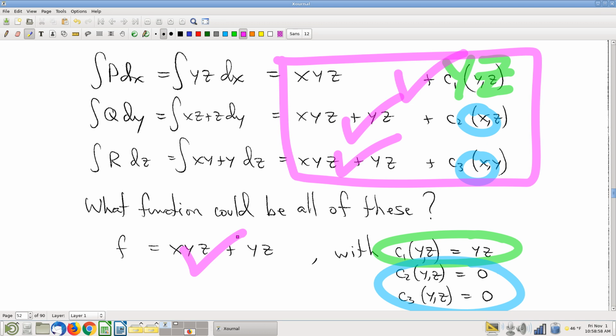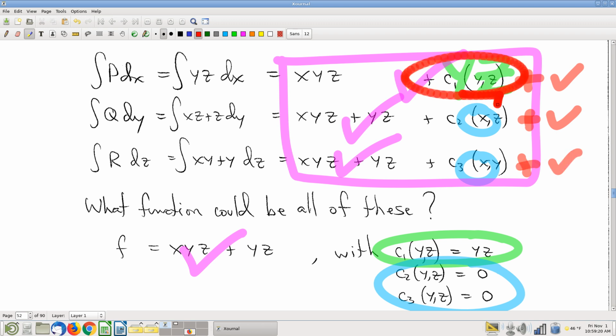Yeah. So there will be multiple possibilities of the expression of that. Well, yes, they will differ by just constants, right? So the difference is, if you wanted to make all three of these things equal to a different same thing, you'd have to add the same thing to all three of these, which cannot have any x's in it, and cannot have any y's in it, and cannot have any z's in it.